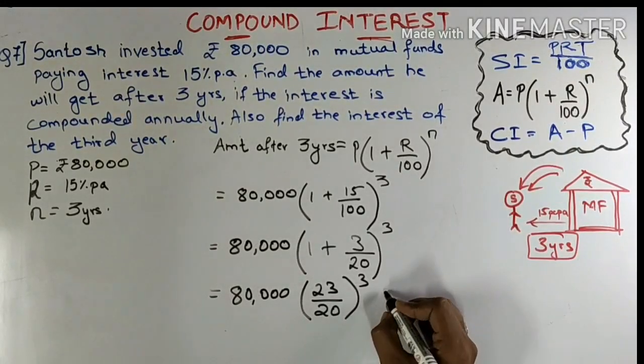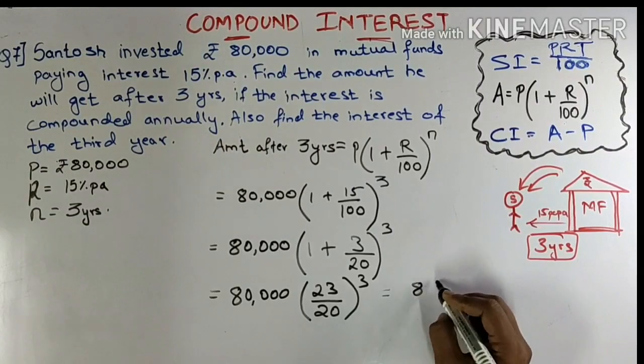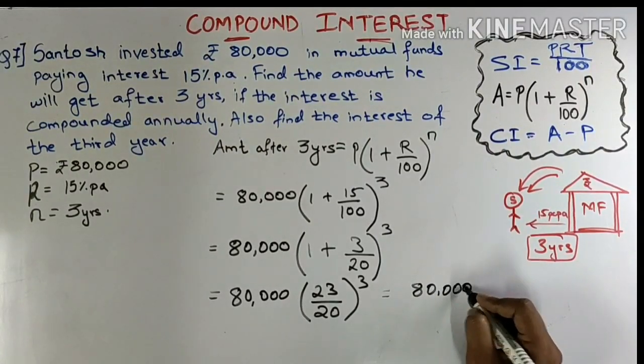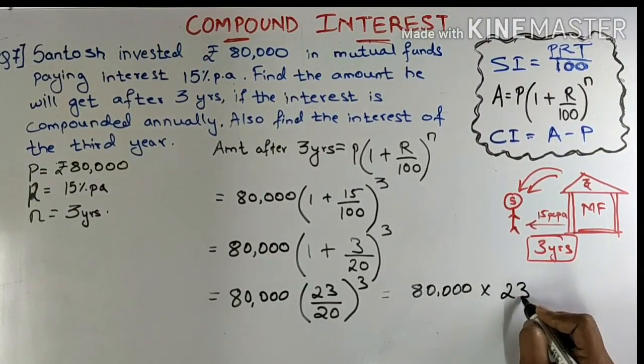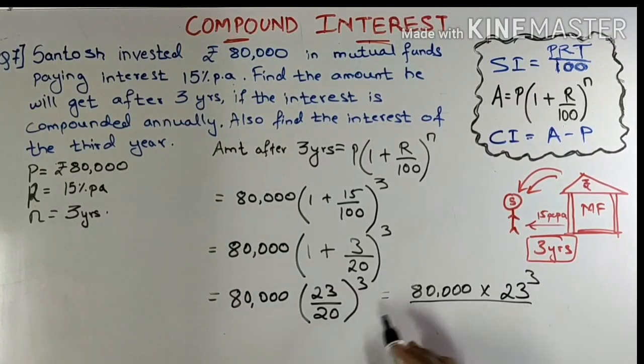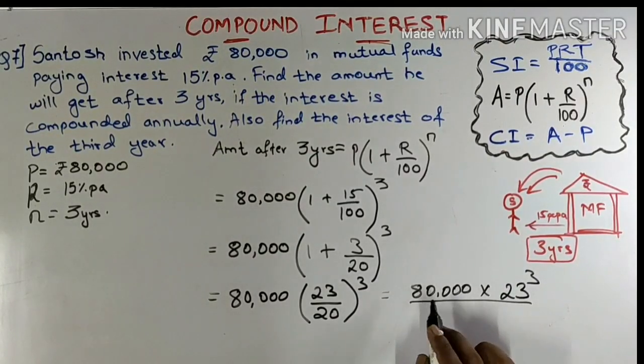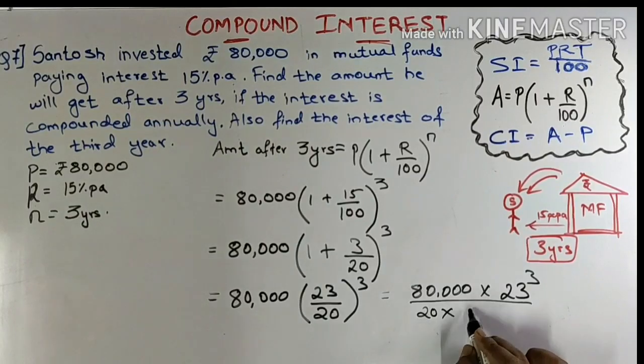Simplifying it even further, I get 80,000 multiplied by 23 cube upon 20 cube. So that is 20 into 20 into 20.